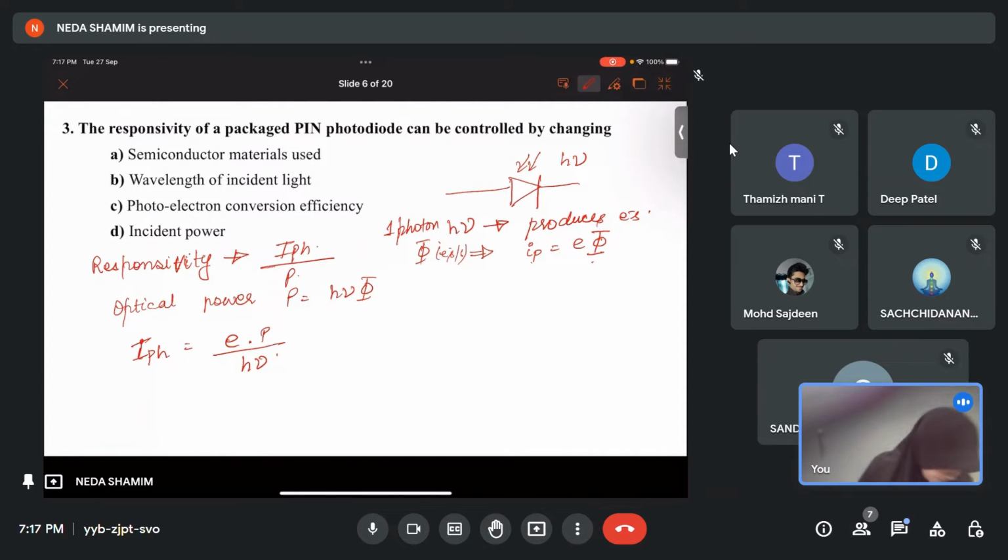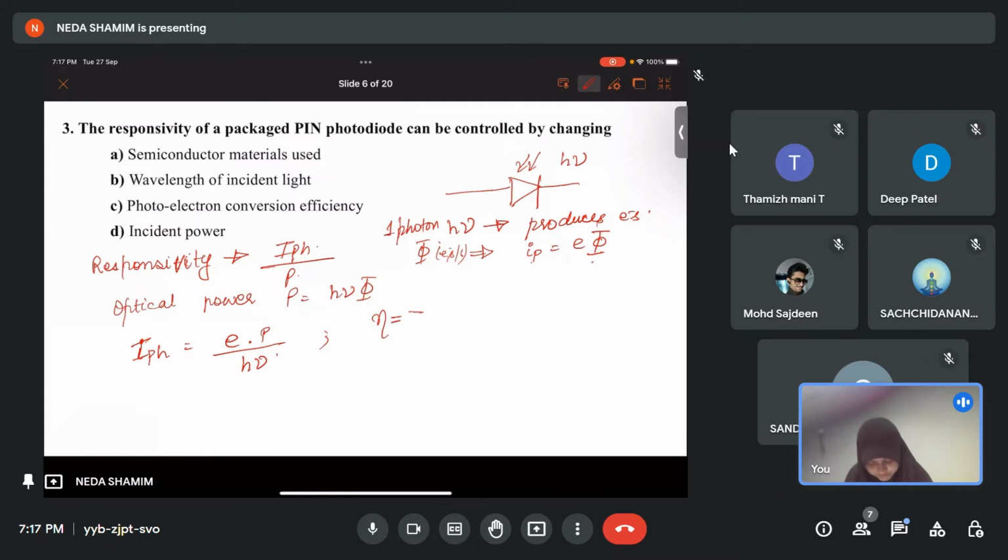This is the photocurrent. But there is a term called the quantum efficiency. What is meant by quantum efficiency? It is how much of the light energy is converted into electrical energy, how much light is getting converted into photocurrent.